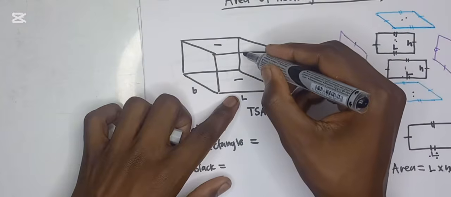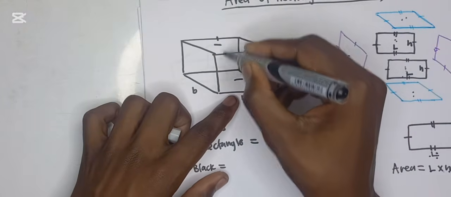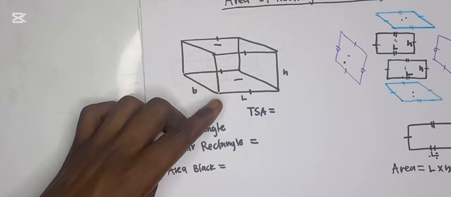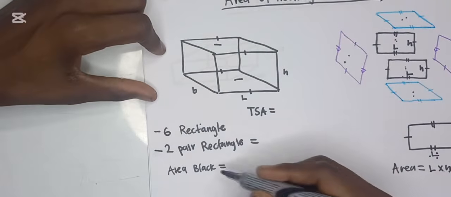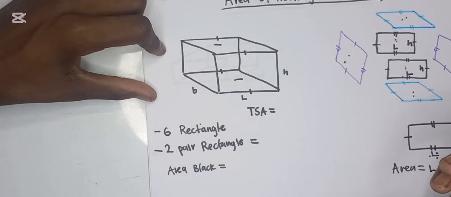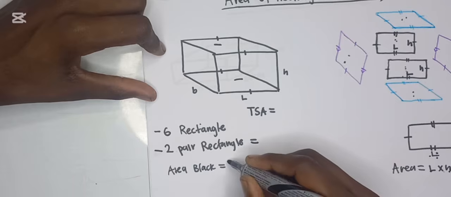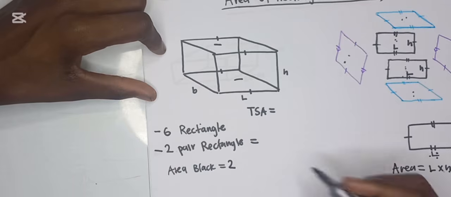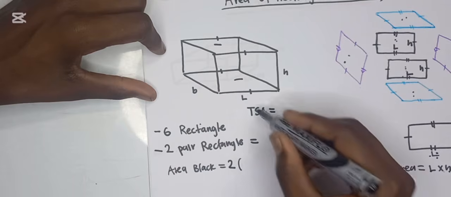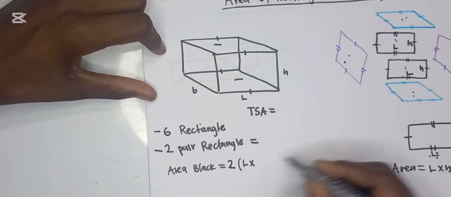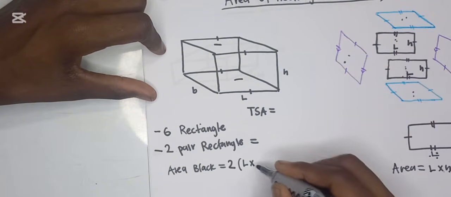Since we're looking for the area of two rectangles, we have to put two here. So this is 2 times length multiplied by height.